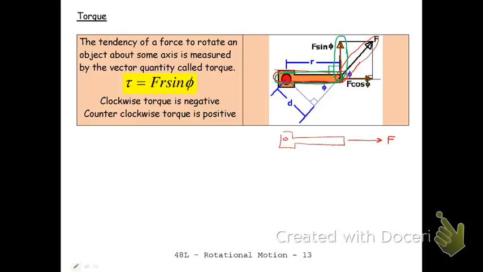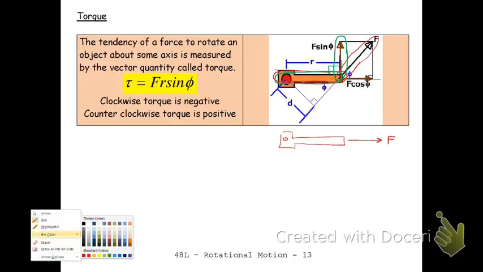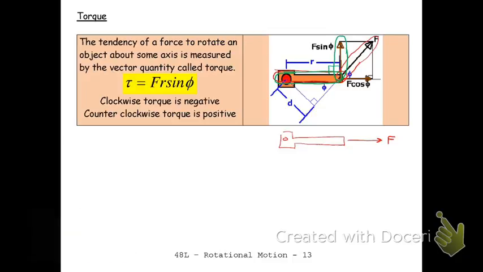Or the other possibility is I take the component of the lever arm which is perpendicular to the force. But whichever I do, I've got to have them at 90 degrees.